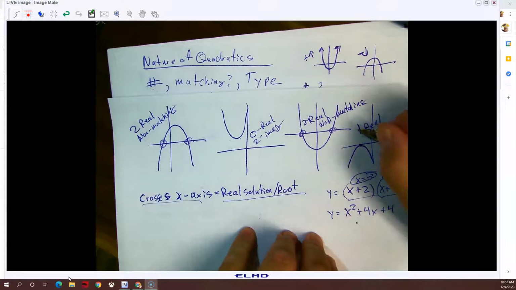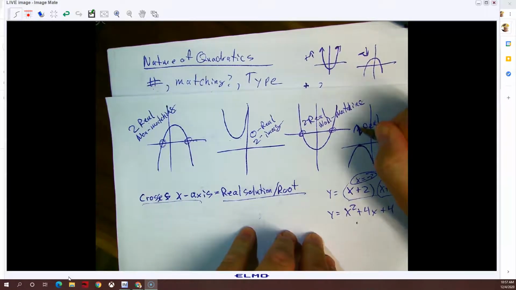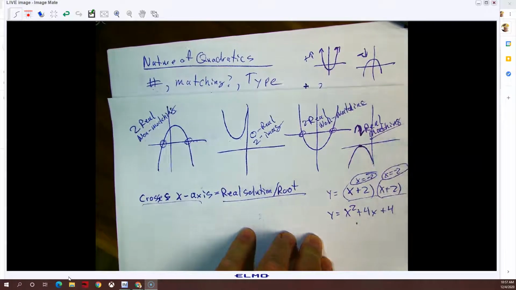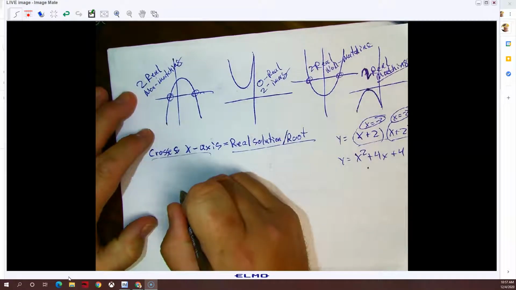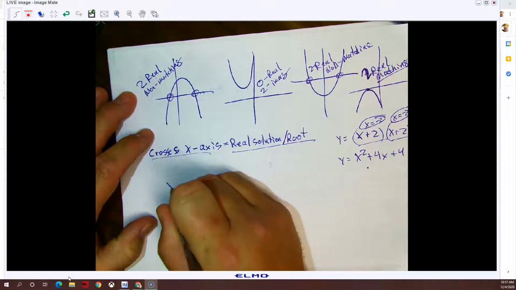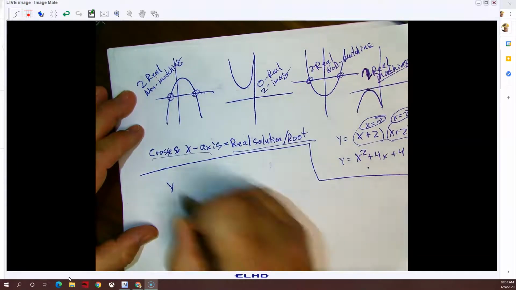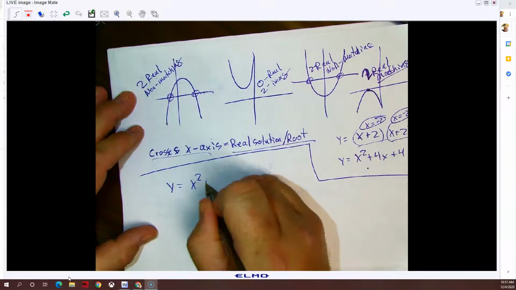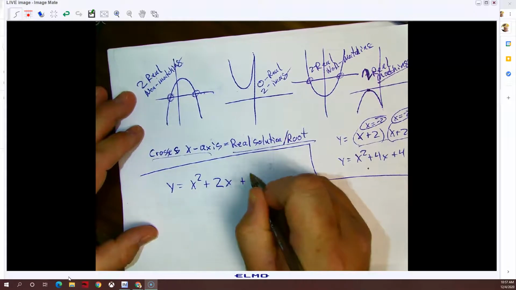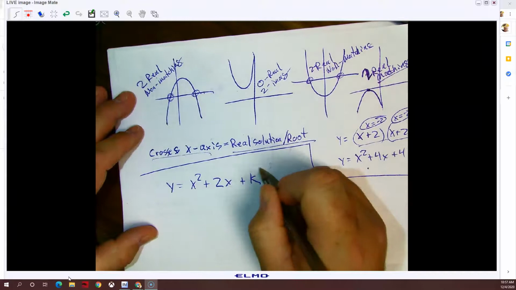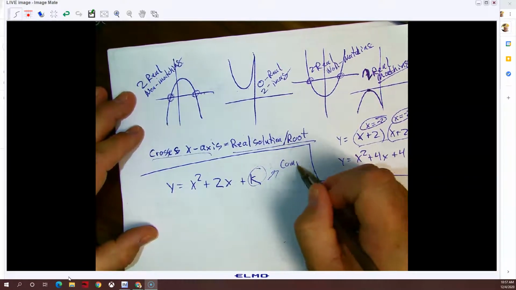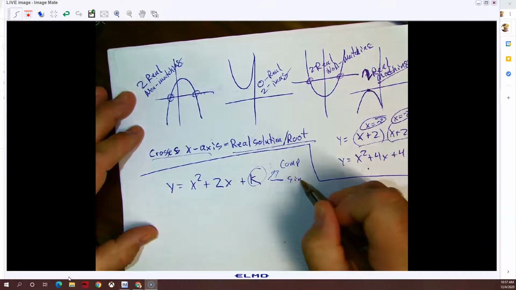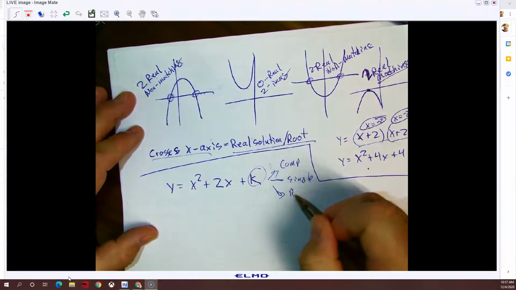They're 1 real matching solution. So technically, I believe Delta Math says, no, there are 2. Those 2 just happen to match. So that's an important thing, looking just at the graphs. Alternatively, if I have something like this, if I have y equals x squared plus 2x plus k, I could determine, how do I get complex, single, or real solutions?